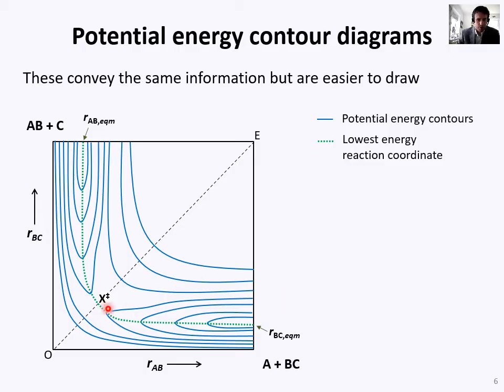Once again we have our lowest energy reaction coordinate, and you can see that because we start with the reactants here, we basically follow the lowest energy pathway, so that's going to cut the fewest contours possible. Okay, so we don't go this way because that would definitely lead to more contours being cut. We're going to go the most direct way that cuts the fewest contours.